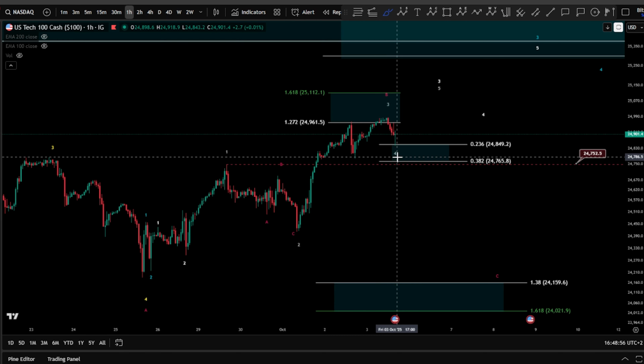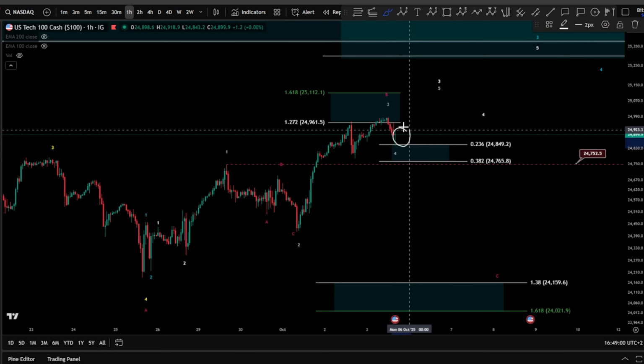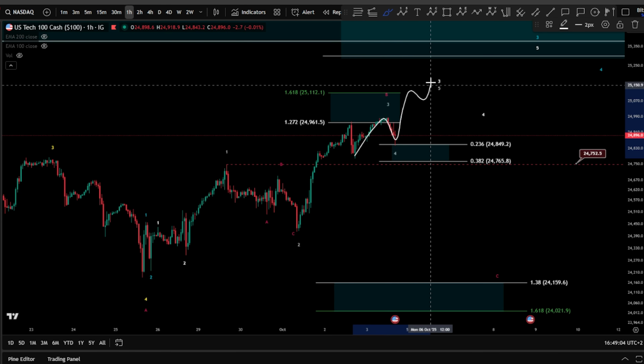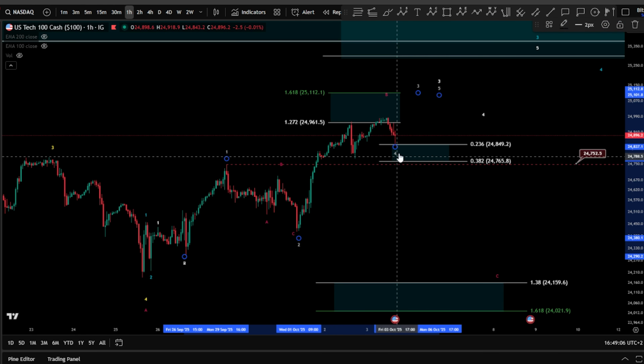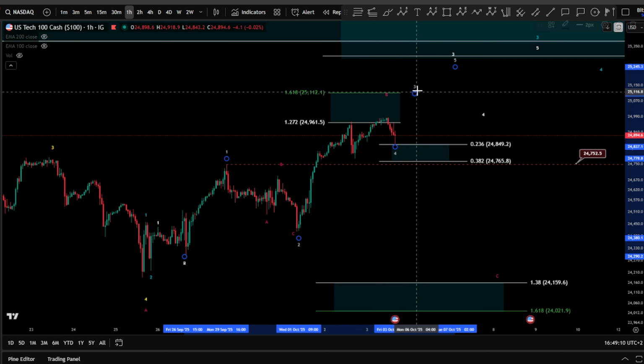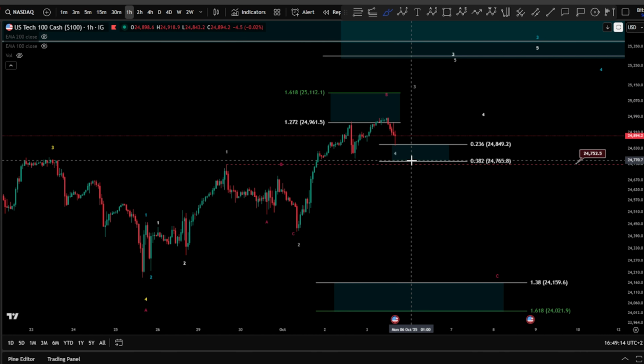Now, what is a possibility to move for higher directly? Of course, there is a possibility to move higher directly, which is, of course, a formation of 1, 2, 3, 4, 5. Again, extension for this wave 3, meaning we did not finish again this wave 3, and it is still, of course, unfolding as a new impulse wave 5.